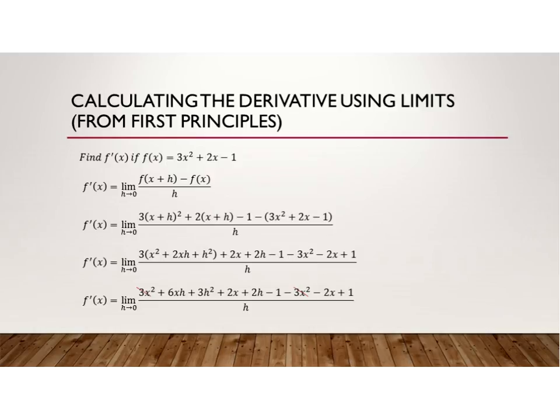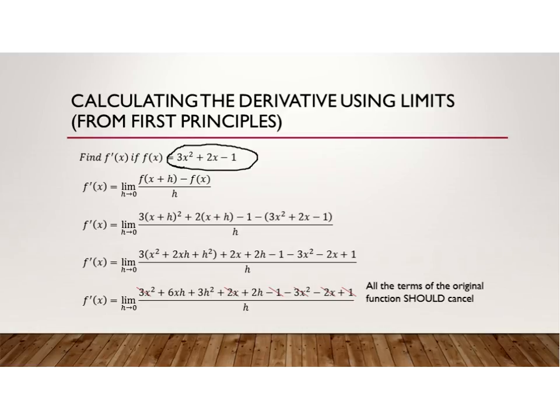Now we've got all this junk up the top in the numerator. You will always be able to cancel out some of the terms. What I've done there, you see the 3x squareds cancel, the 2x cancels, and the 1 cancels. Notice that the things that cancel are the terms of the original function, and that should always happen.